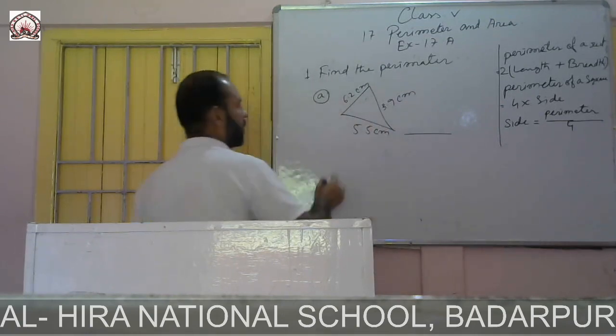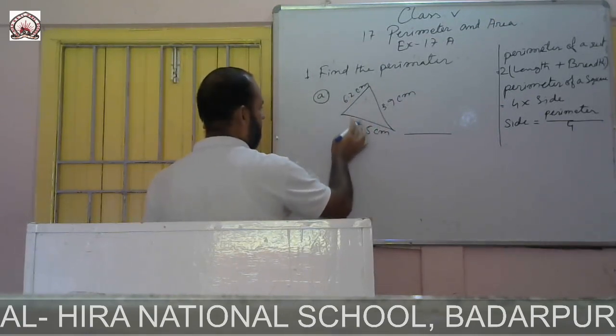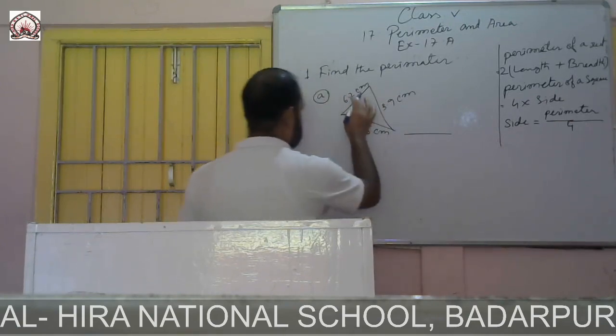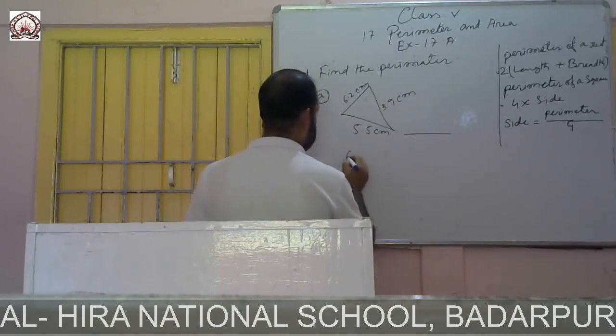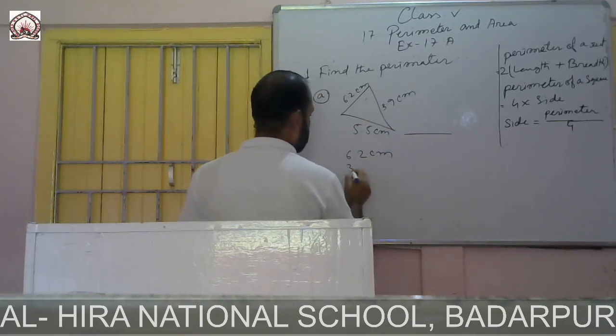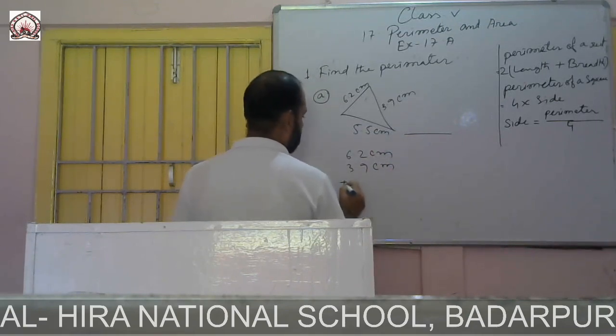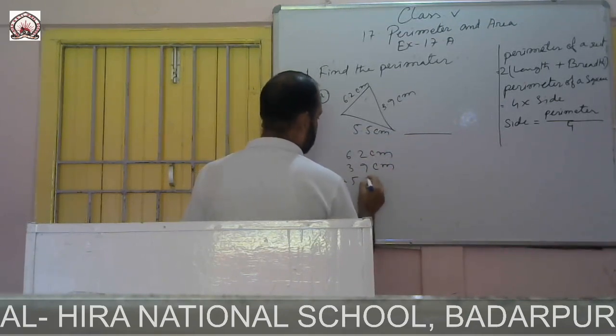So we know perimeter equal to side plus side plus side, or A plus B plus C. So there is 6.2 centimeter, 3.9 centimeter plus 5.5 centimeter.